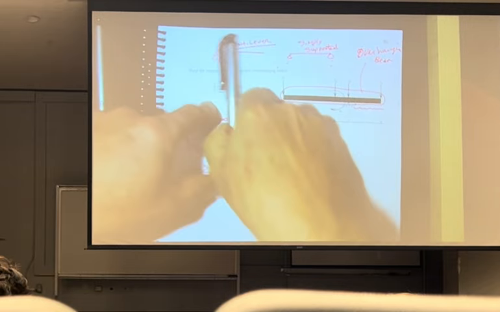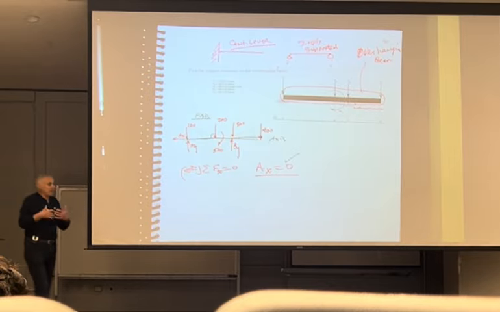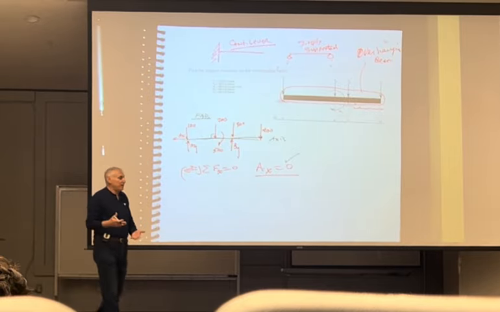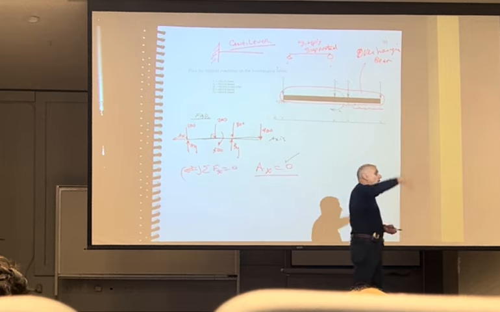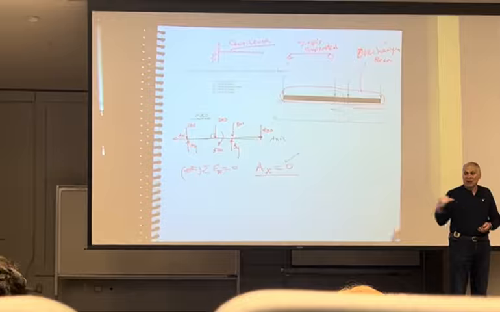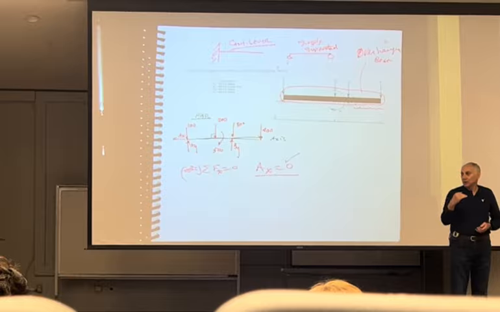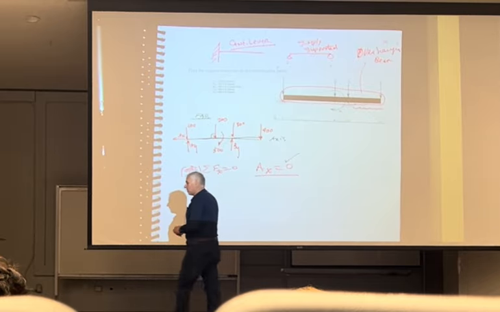That is their primary function. So a column is nothing more than a beam rotated 90 degrees, done so I can carry a load through the axis of the column. It sucks at carrying loads perpendicular to it, but it's very efficient in carrying axial loads.